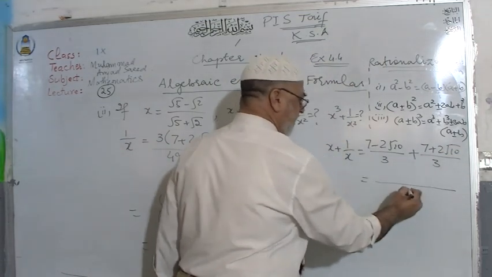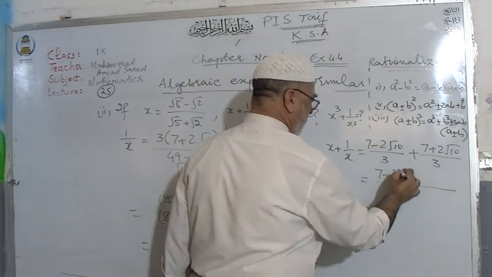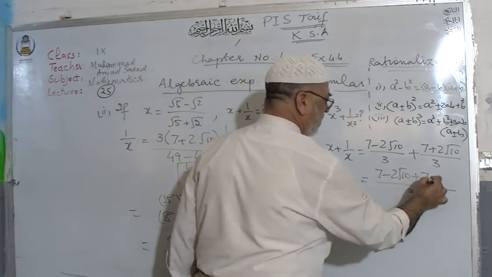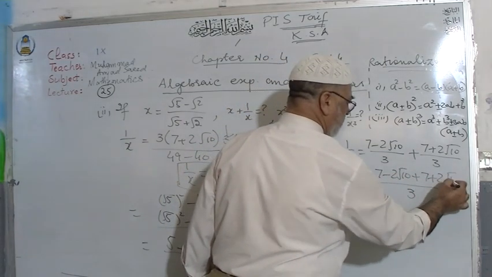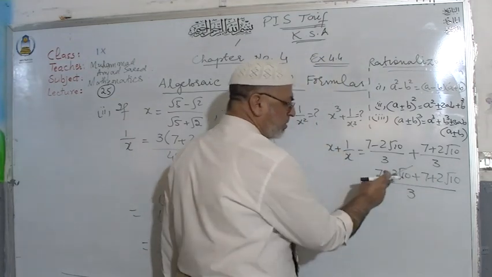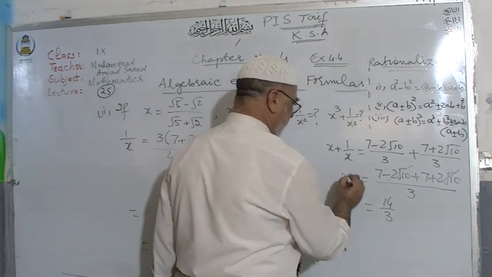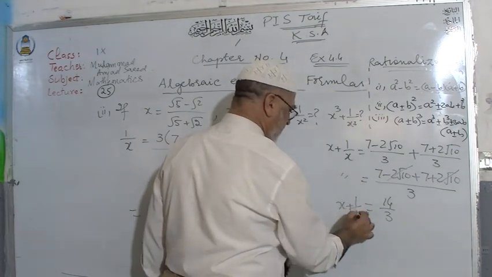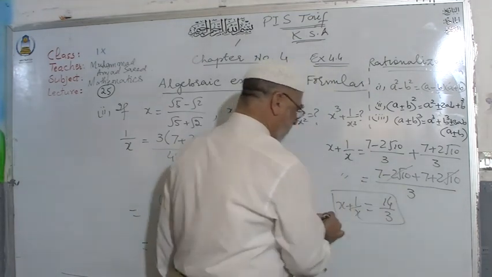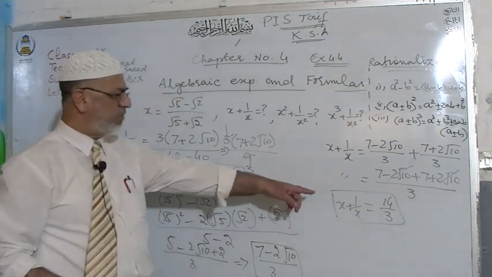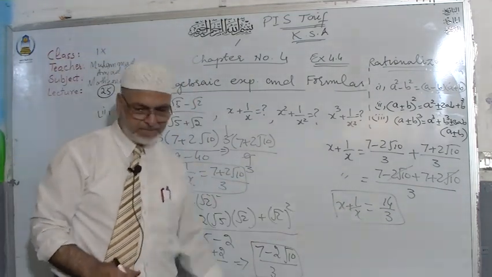Take 3 as LCM. 7 minus 2 into 10 under root plus 7 plus 2 into 10 under root, the minus 2 into 10 under root and plus 2 into 10 under root cancelled out. Here is 14 over 3. So your x plus 1 over x is 14 over 3. This is your first answer.